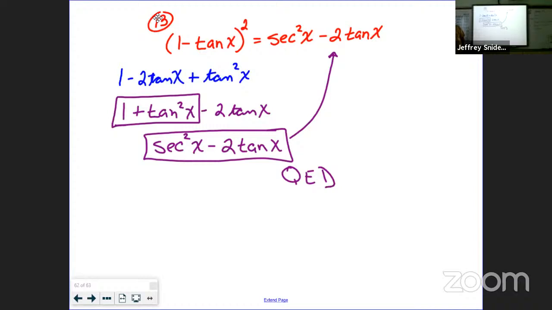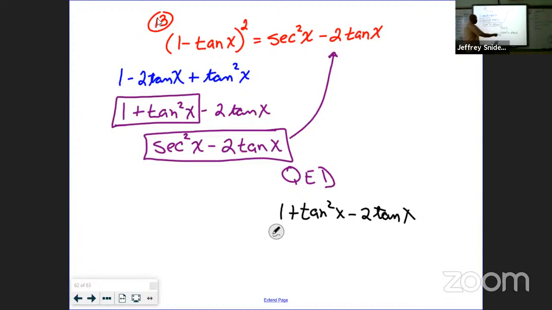Okay. All right. So I'm just kind of curious. When you were doing this, Andrew, what did you do on the right-hand side? I didn't finish the right side, but I turned the squared x into 1 plus tangent squared. So you went 1 plus tangent squared x minus 2 tangent x.